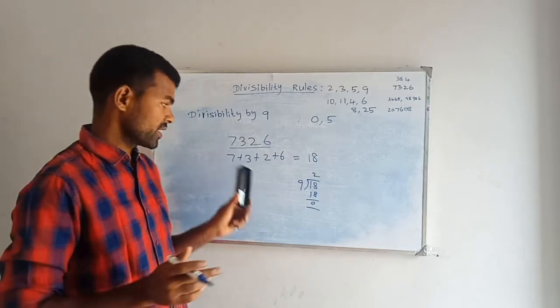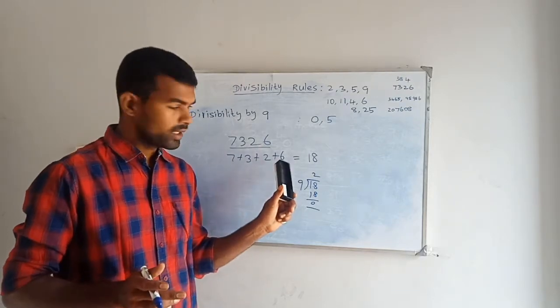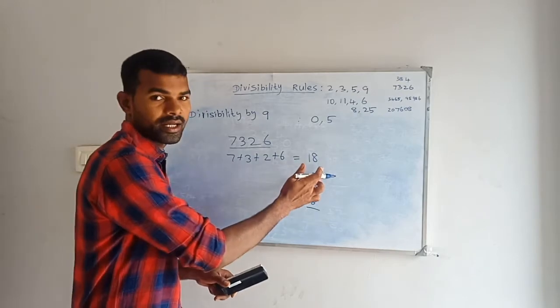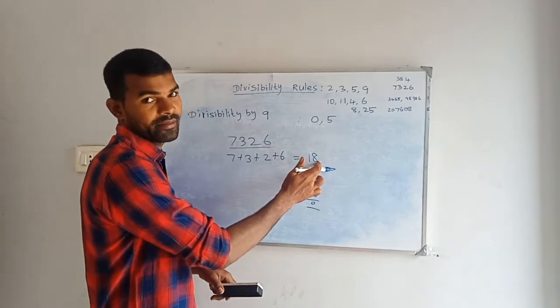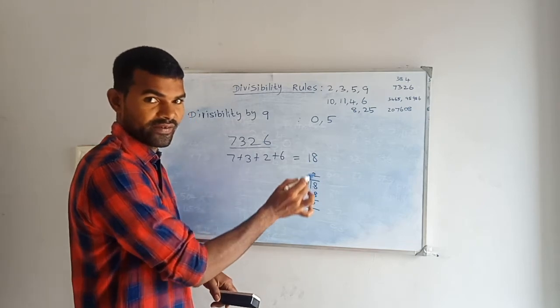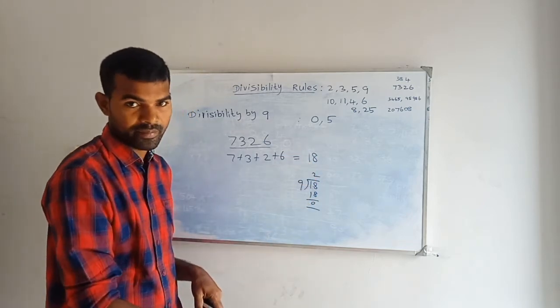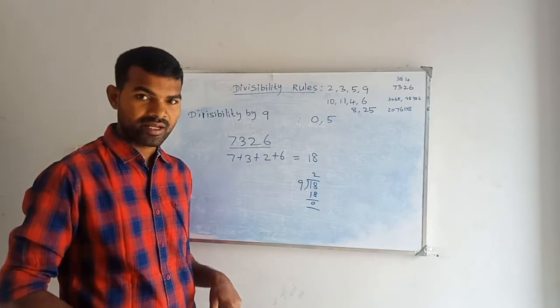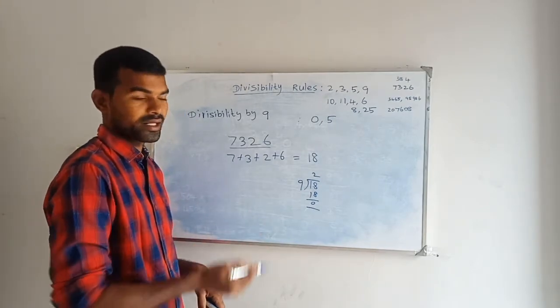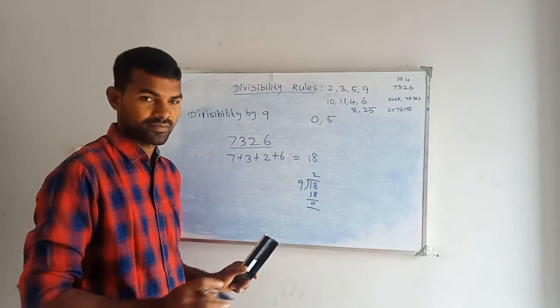One thing you have to understand: when you add whatever digits are given, the total must come in the 9 table, 9, 18, 27, 36. If it is coming in the 9 table, then the full number can be divided. If it is not, then the number cannot be divided.